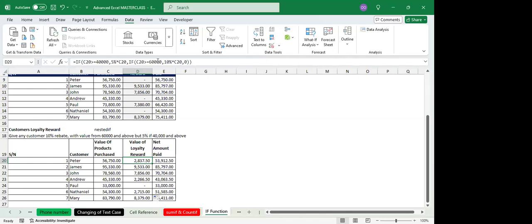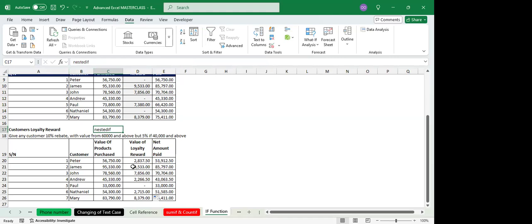But in this particular scenario, where we have used if and if in just one statement, we call that kind of function a nested if function. Do you understand it? I've mentioned it because I'm going to use it later maybe in the next sheet. But for this particular scenario that I've painted to explain the if function, I hope we understand it.